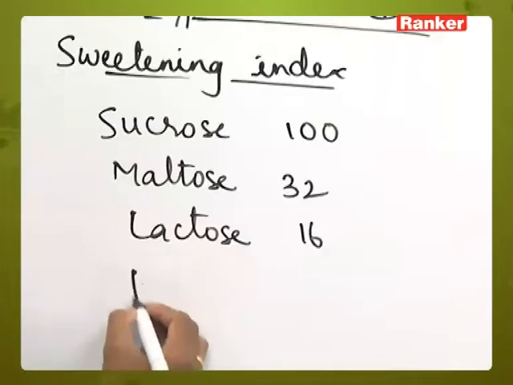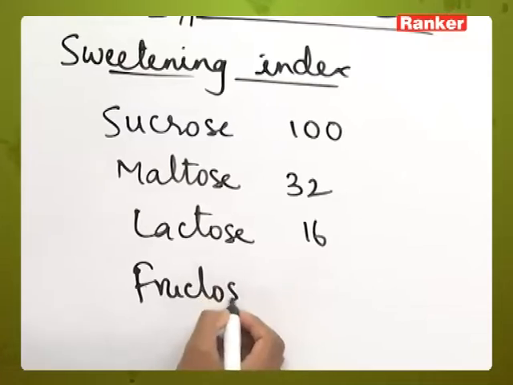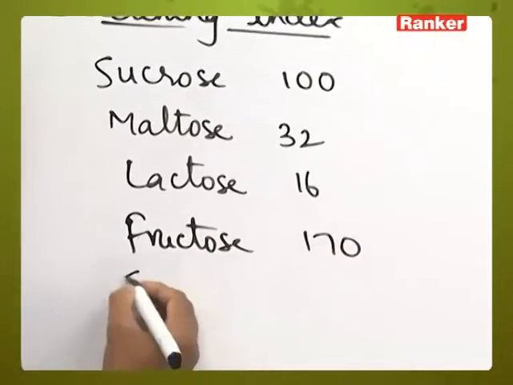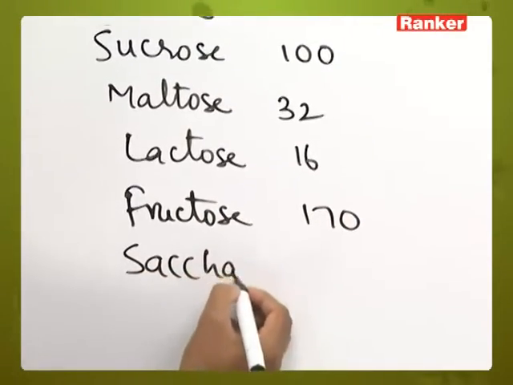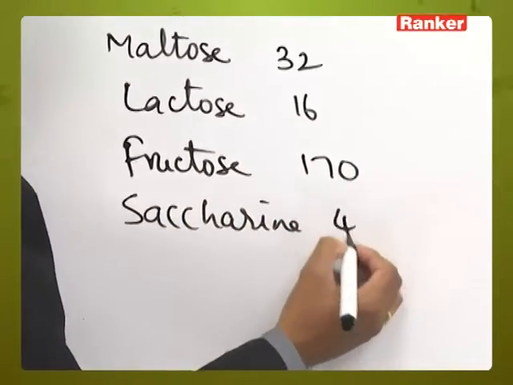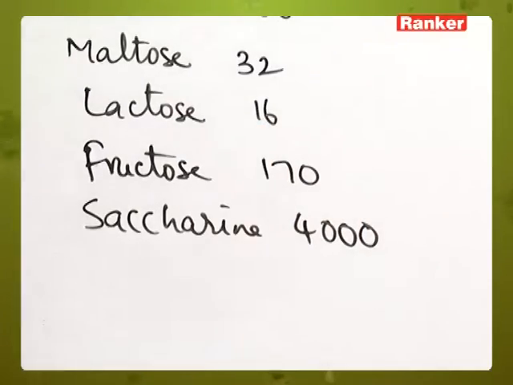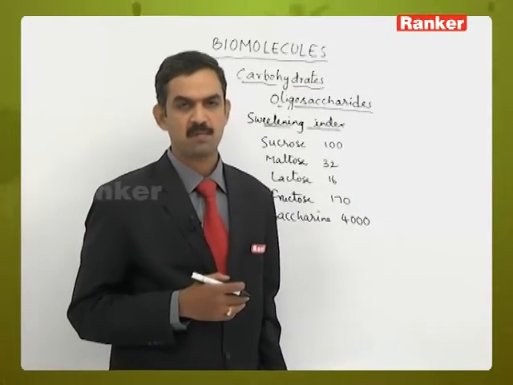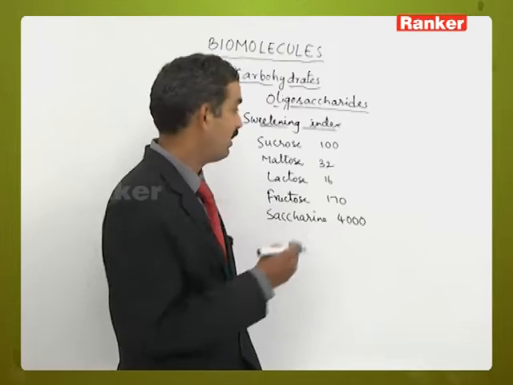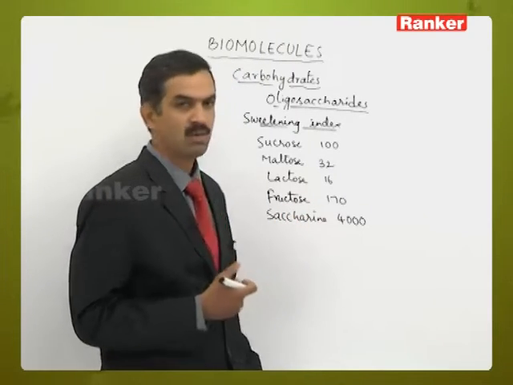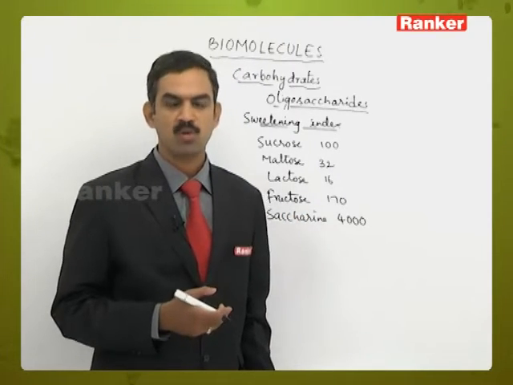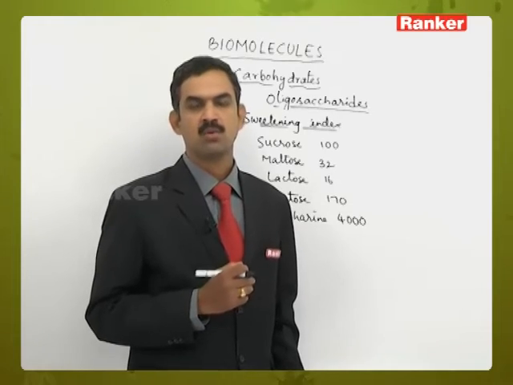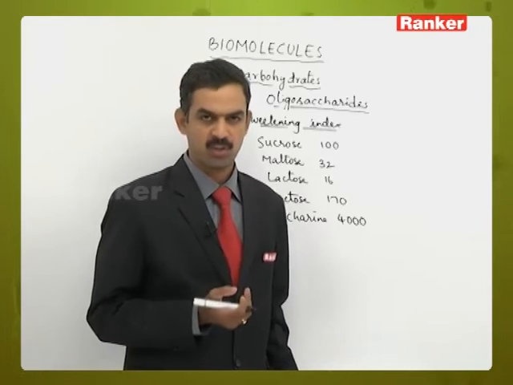Likewise, fructose has 170. Saccharin has about 4000 sweetening index. It shows the amount of sweetness of that particular sugar, based on the number of monomers and also the nature of the monosaccharide groups present in the oligosaccharide or disaccharide molecules.